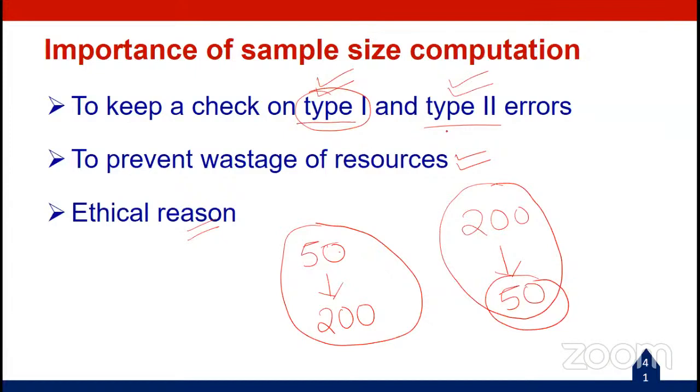So to prevent the wastage of resources and also ethically you are not supposed to unnecessarily trouble the individuals. So because of these reasons, you are required to compute the sample size using appropriate sample size computation techniques.